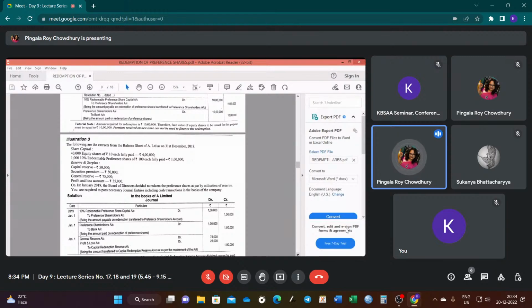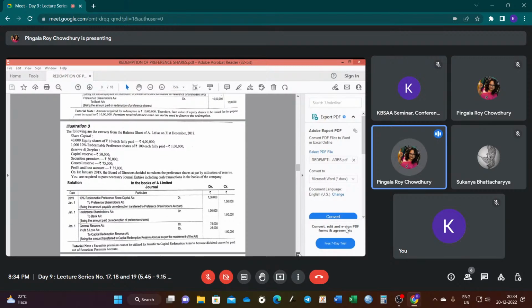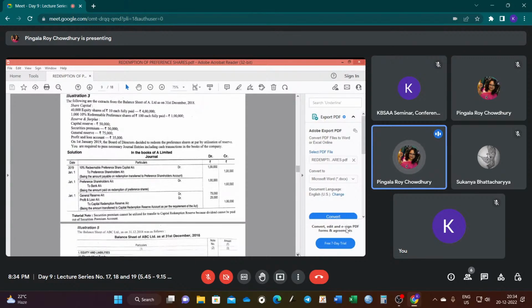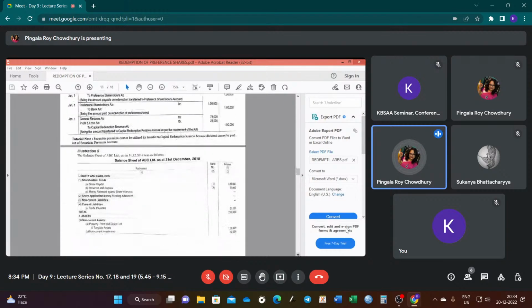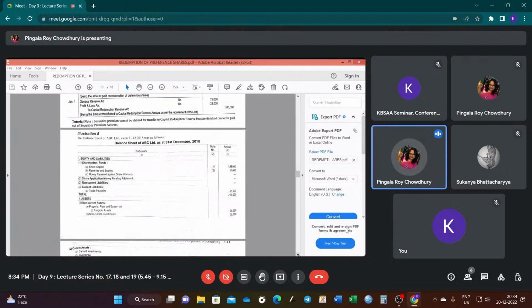Entire 75,000 will be required. And from profit and loss account, we will be requiring only rupees 25,000 because we have to make a total of 1 lakh to create CRR. So general reserve account debit 75,000, profit and loss account debit 25,000 to CRR, the new account being created for rupees 1 lakh.